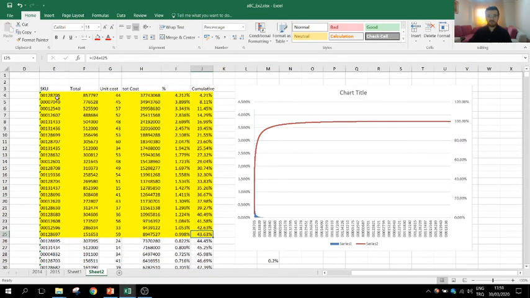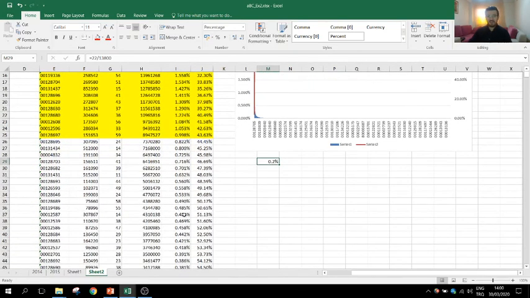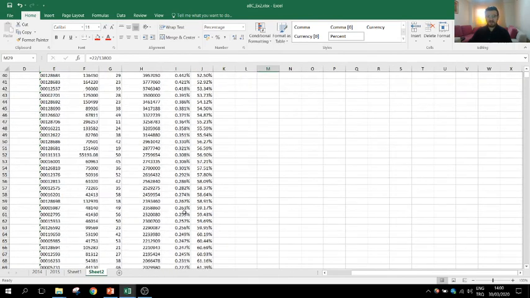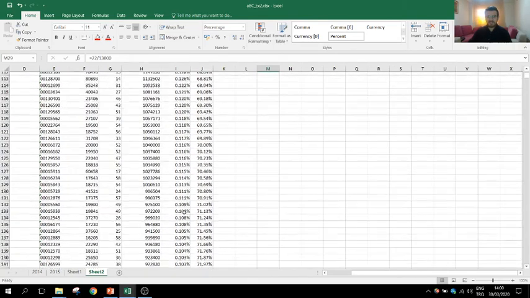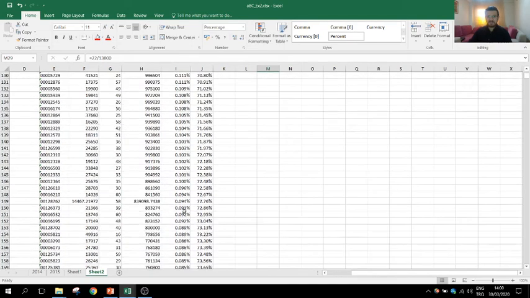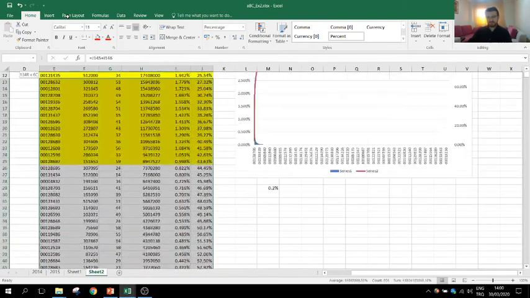So how many of them? Only 22 of them. 22 divided by the number of SKUs, we see that 0.02 percent of all SKUs are located in class A. Then how can we determine class B? By looking at this, I can say that class B SKUs will have at least 0.1 percent. So I can cut it from right here.